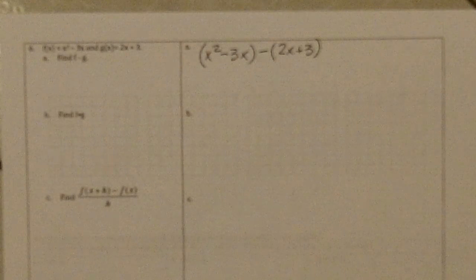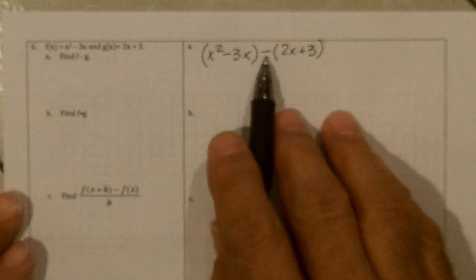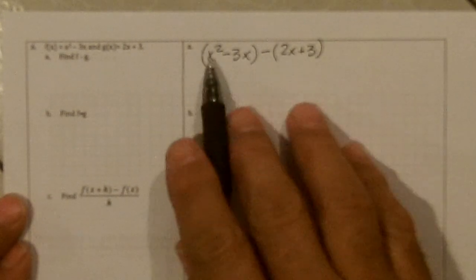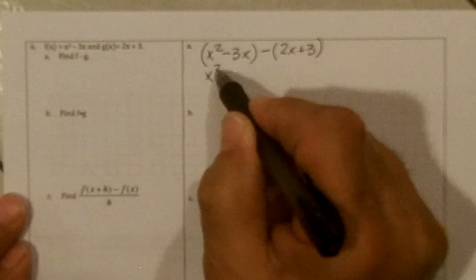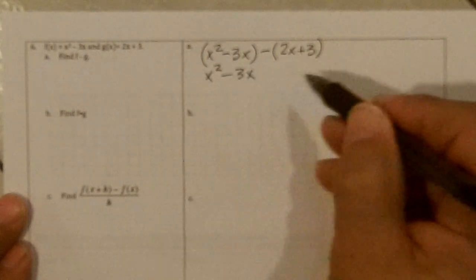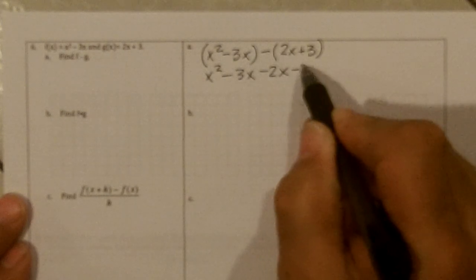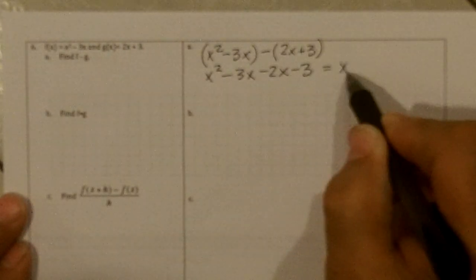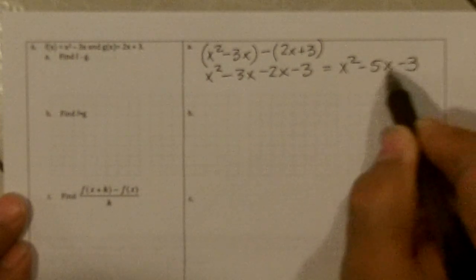The reason I'm putting parentheses is, if there's a minus, students often forget to distribute the minus. They just want to write this and forget the parentheses, and they miss it. So we got x squared minus 3x minus 2x minus 3, and we get x squared minus 5x minus 3.